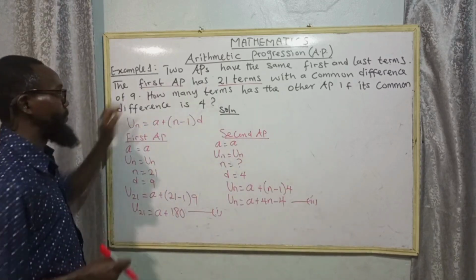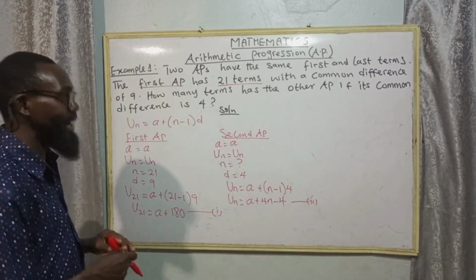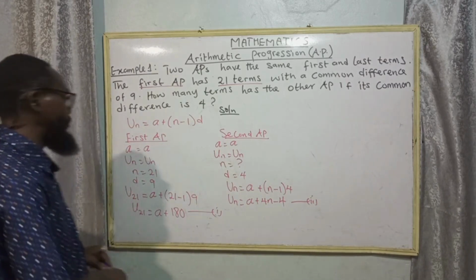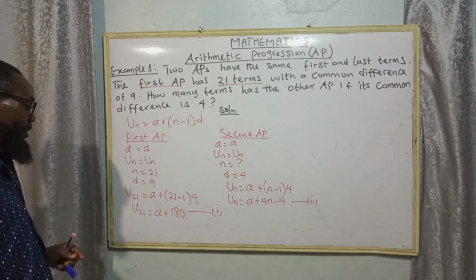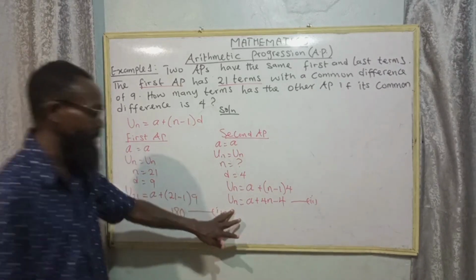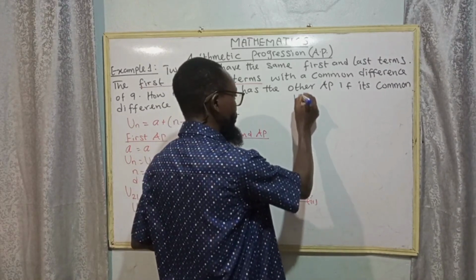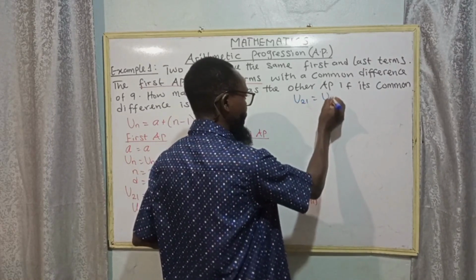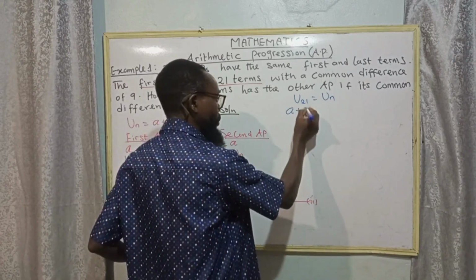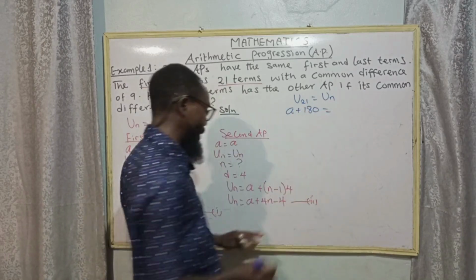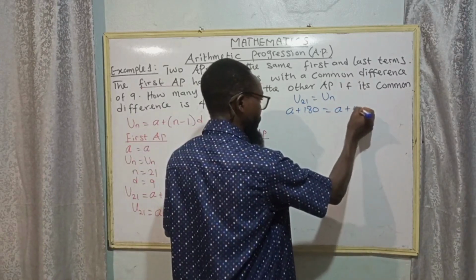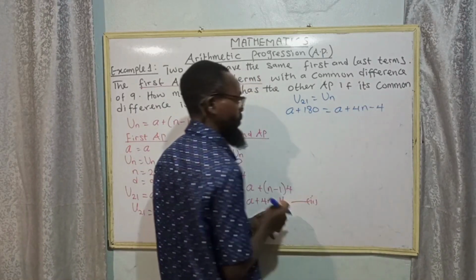Don't forget, from the first sentence, two APs have the same first and last terms. Since they have the same first and last term, u21 is going to be equal to un. We equate it: u21 equals un. Our u21 here is A plus 180, which is equal to our un here, A plus 4n minus 4.